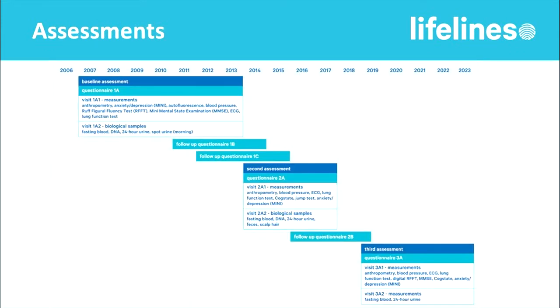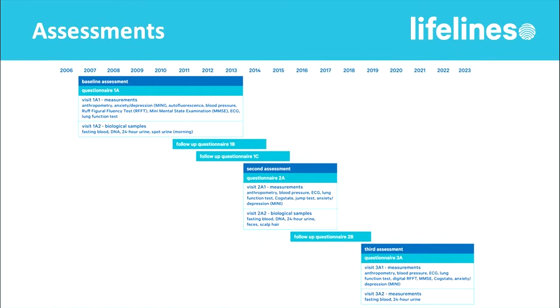This data collection ranges over a period of time. Like I mentioned, we've been collecting the data for 13 years now. We started in 2006-2007 with our baseline assessment, in which we sent out a first questionnaire, but we also had 2 visits. One visit for the measurements and one for the biological sample collection.